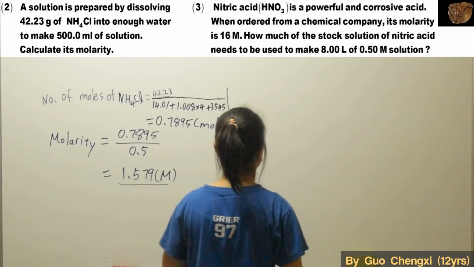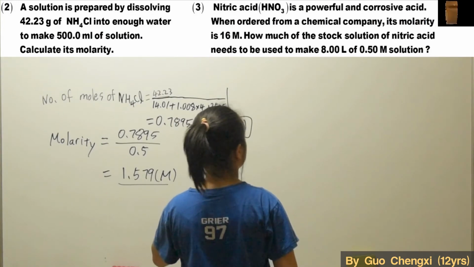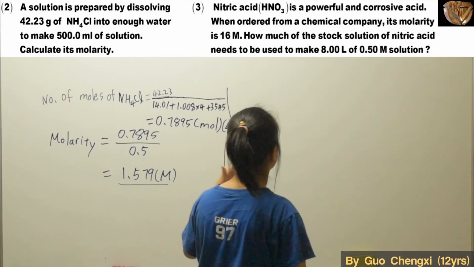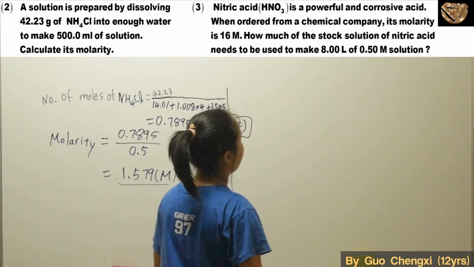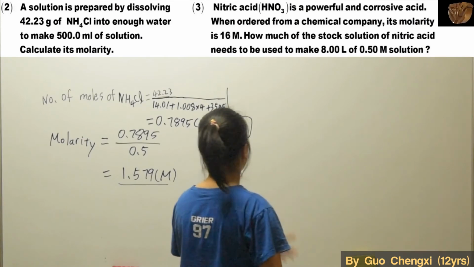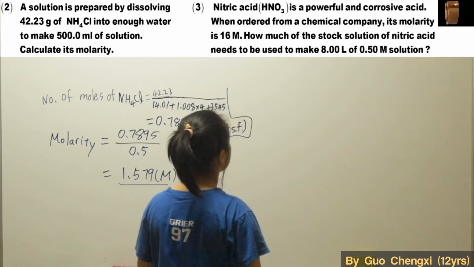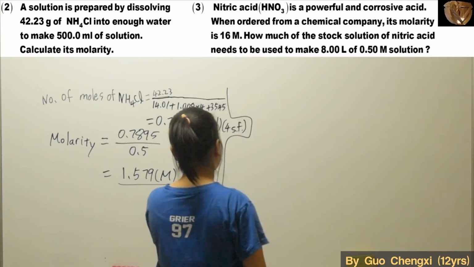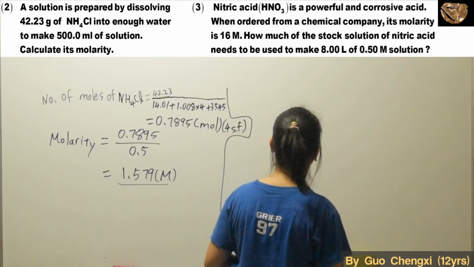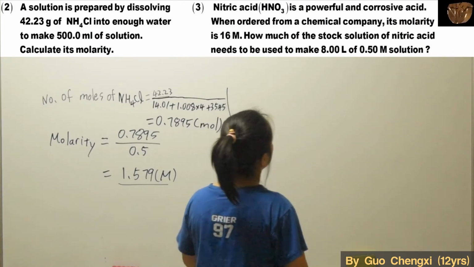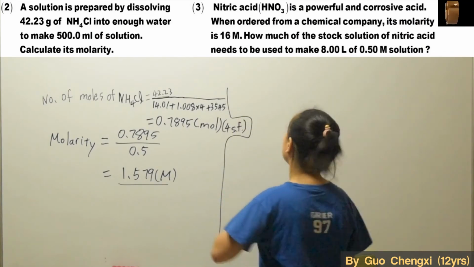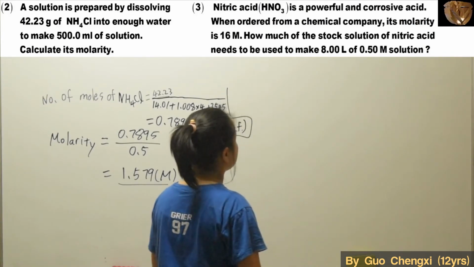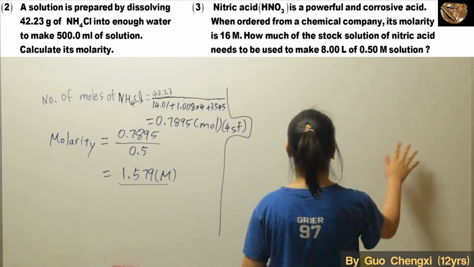Here we are finding the volume of it. You may be confused about why there are 2 of the M. The first one represents that for each liter of solvent, we have 16 M of the nitric acid. Over here, this is what we want to have.